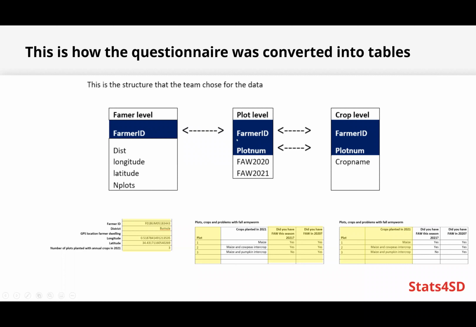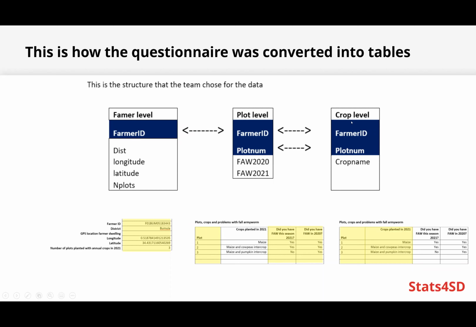So farmer ID is a key ID variable because it allows us to link data from farmer level to plot level. And then there's a plot number that identifies the plot. And then at this level, they put 2 columns, Fall Armyworm in 2020, Fall Armyworm in 2021. And that corresponds to these 2 columns in the questionnaire.